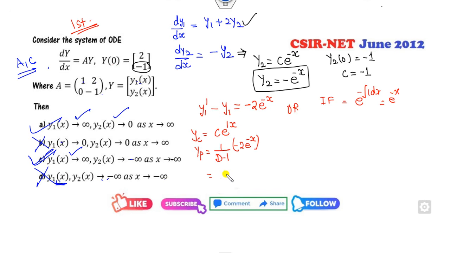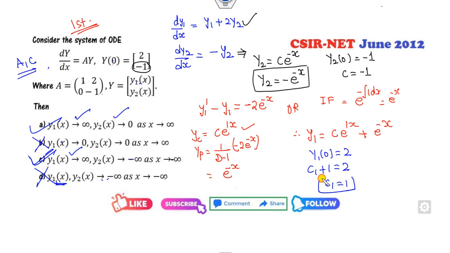Anyhow, it is e raised to power minus x. So your y1 will be c e raised to power x, complementary solution plus particular solution. Now given that y1 of 0 is 2, that means c1 plus 1 is equal to 2, so c1 will be 1. So your solution will be e raised to power x plus e raised to power minus x. y2 will be here. Again you will get the right answer as A and C.